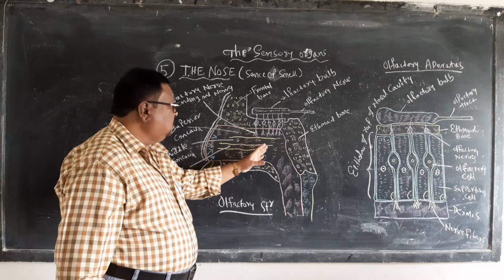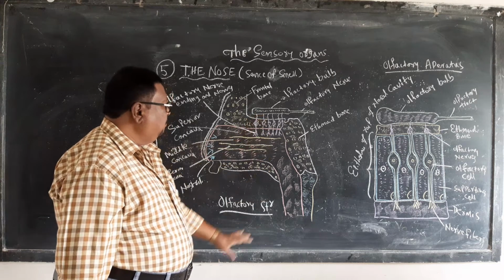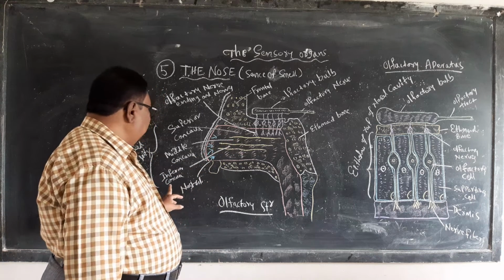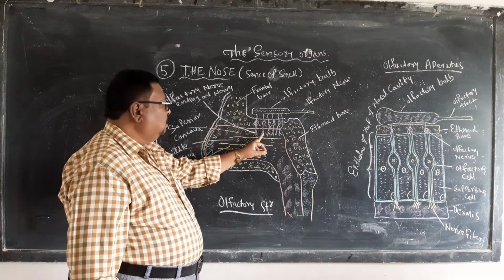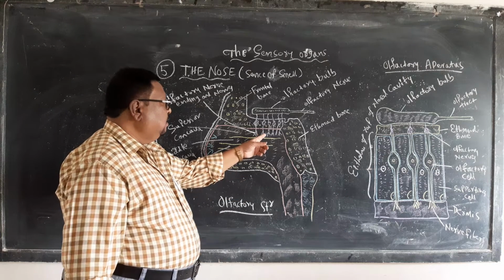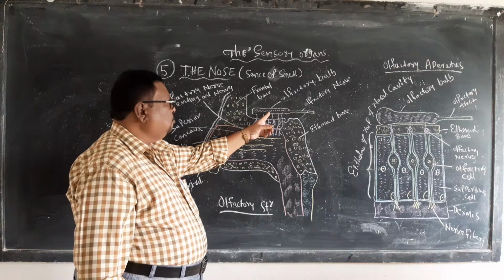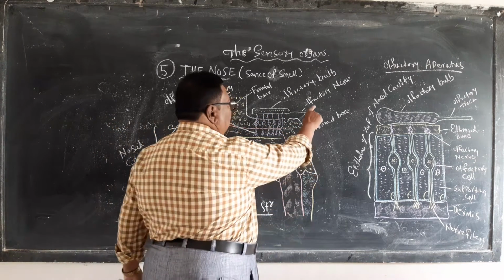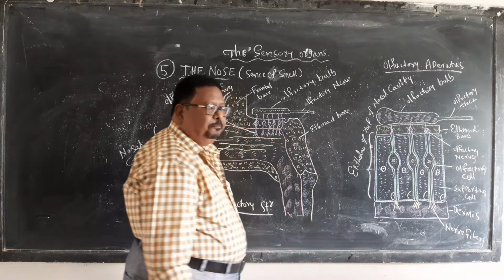When the air passes inside, the olfactory structures present behind the first part, that is the superior concha, sense the smell and send the messages to the olfactory bulb, and it is passed through the olfactory nerves to the brain to recognize the smell.